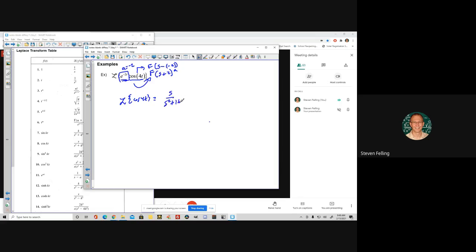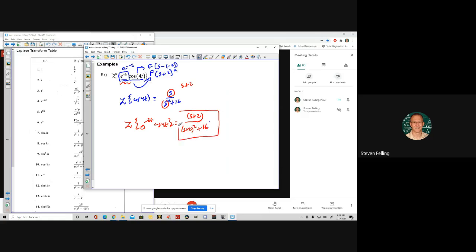But because of the shifting here, these change to s plus 2's. So the Laplace transform of e to the negative 2t cosine 4t is s plus 2 over s plus 2 squared plus 16. That's the answer.